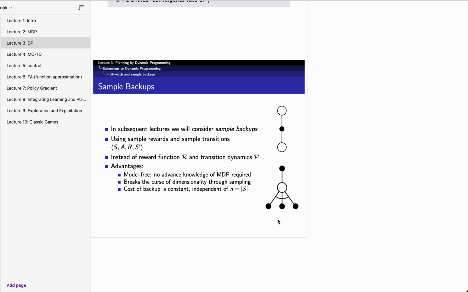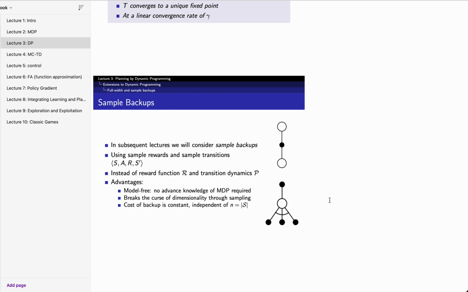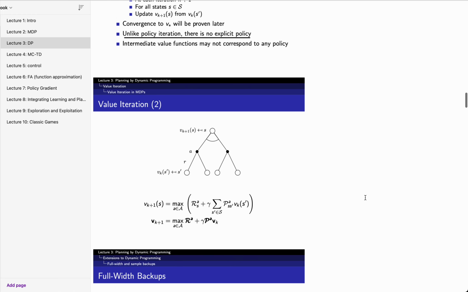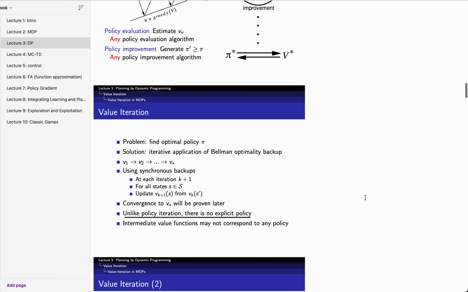I'm just going to take one of the samples. The cost of backup is constant, independent of the number of states, because I'm only taking one of the actions, one of the routes. I just need to add everything up. So that's lecture 3, dynamic programming and the idea of policy and value iterations.